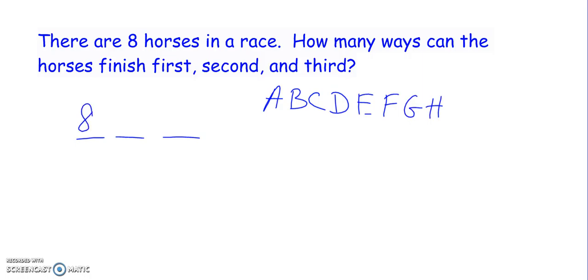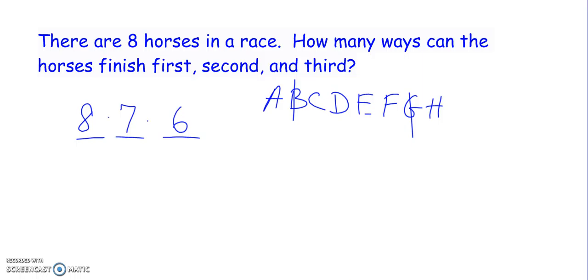But once a winner is chosen, boom, I've chosen one. I picked one at random. So there are now only 7 horses left to finish second. And after a horse has finished second, 2 horses have finished first and second, and now there are only 6 horses left to choose a winner for third. So when you are putting pieces in order, this looks a lot like factorial, but it's really 8 times 7 times 6.